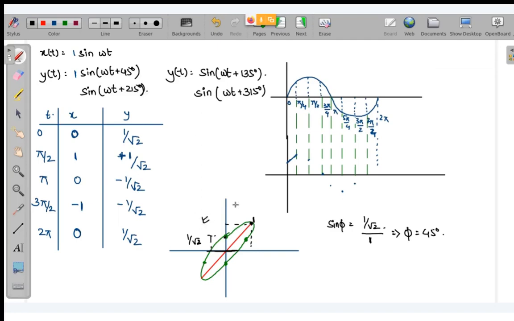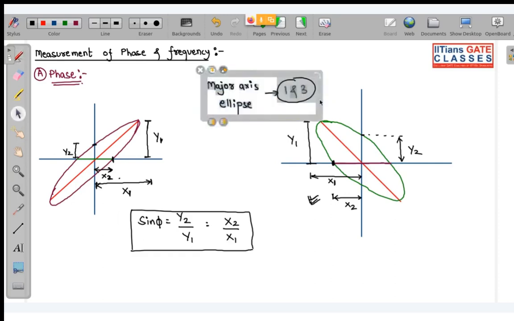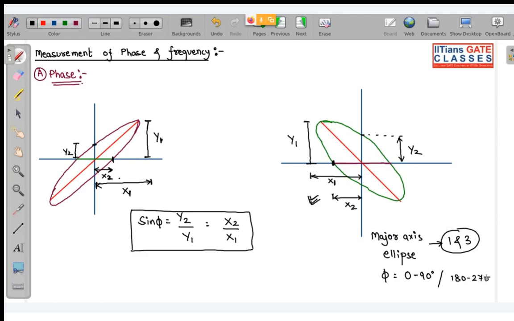So always remember, if the major axis of the ellipse lies between first and third quadrant, there are two possibilities of phase shift. Either phase shift will be from 0 to 90 degree, or it will be between 180 and 270 degree.